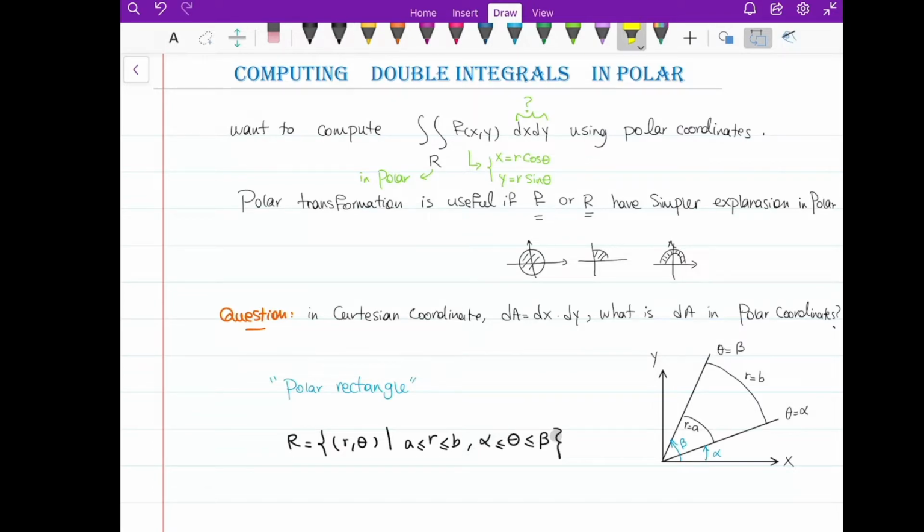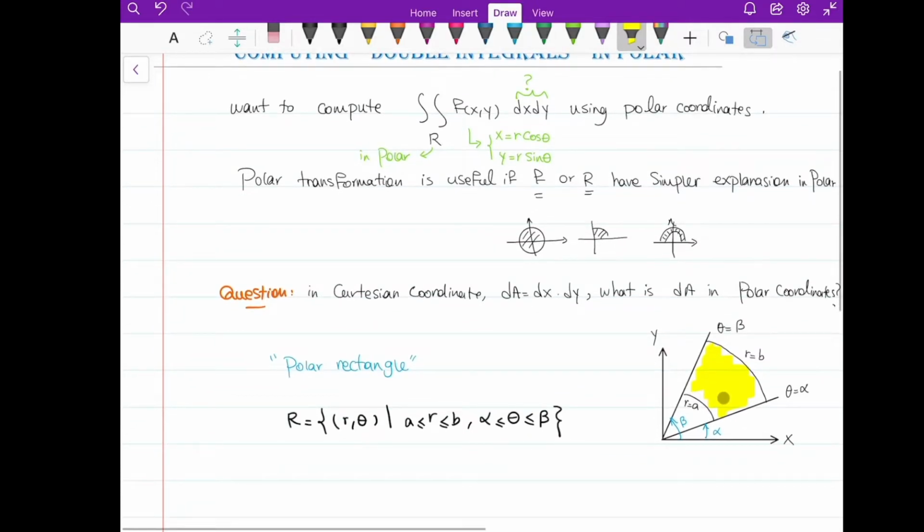So the polar rectangle would be something like this. All the points r and theta, where the first coordinate r is between a and b and the second coordinate theta is between alpha and beta. As you see, it is not an actual rectangle, but it's a rectangle in polar. We call it a polar rectangle.